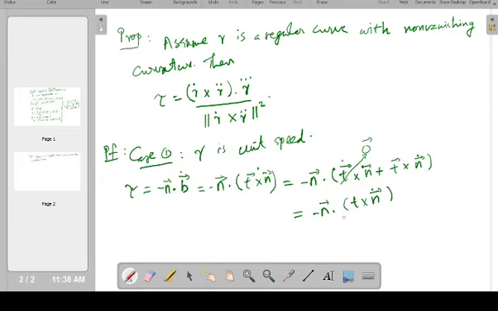Now let us substitute for n. Vector n is equal to 1 by kappa t dot, but t dot is gamma double dot, so 1 by kappa gamma double dot.